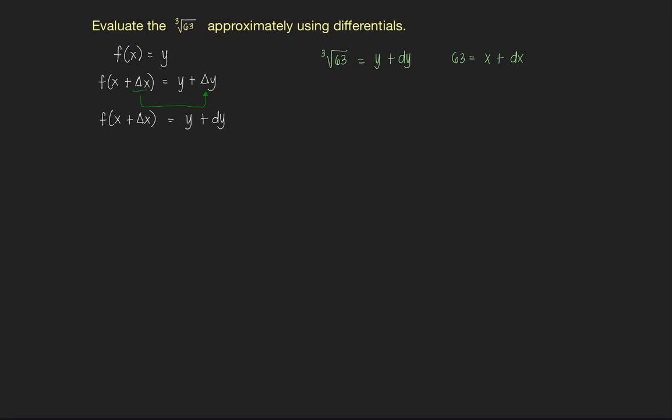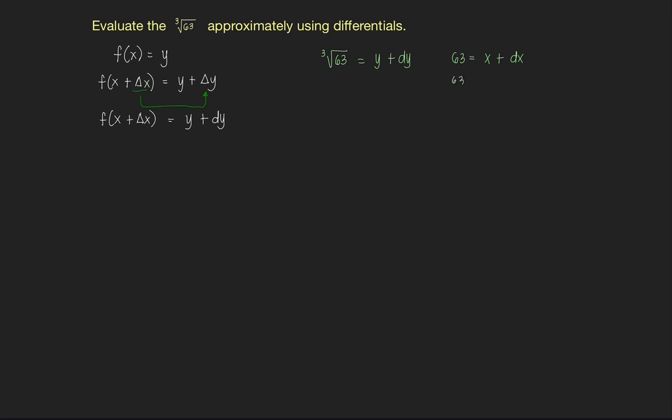Okay? After that, we think of a number that is closest to 63 because we are extracting the cube root here. We think of a number that is closest to 63 that is a perfect cube, a number that we can extract a cube root of, and that is 64. That would be our x.